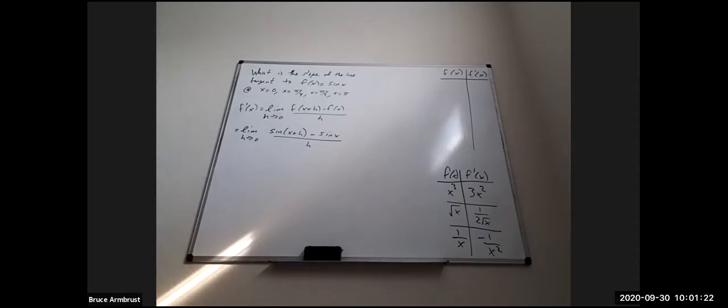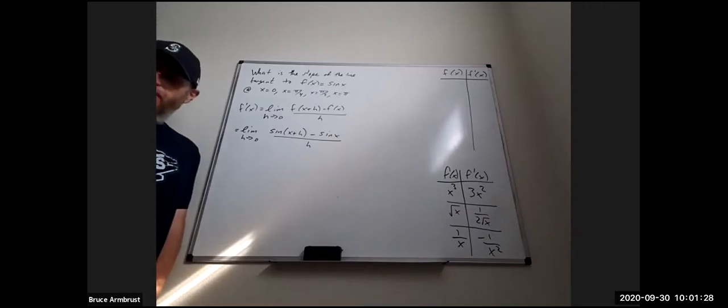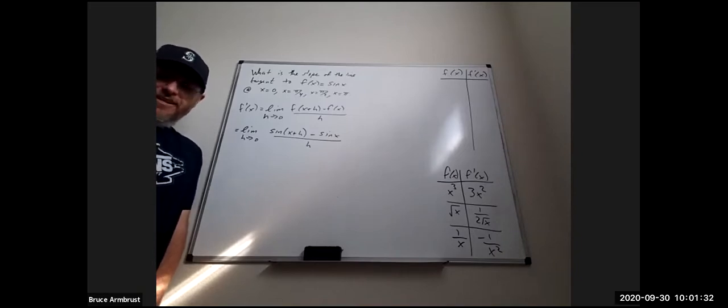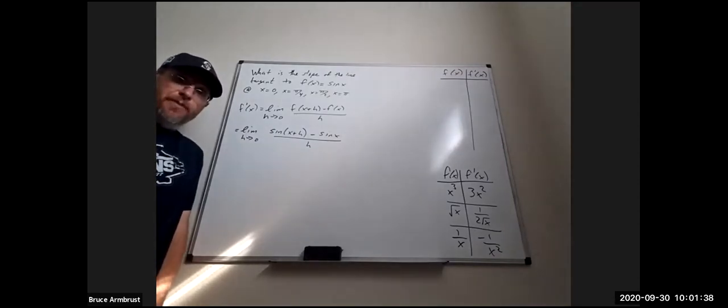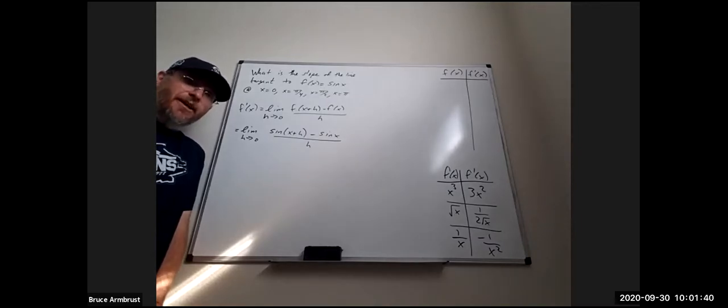All right, so sum to product identity. Oh, I love that. Nobody ever thinks about that one. Mariola just put in there the sum to product identity. I don't know if you guys remember such an identity, but when you have sums and differences of sines and cosines, there's a way to write them as a product of sines and cosines.